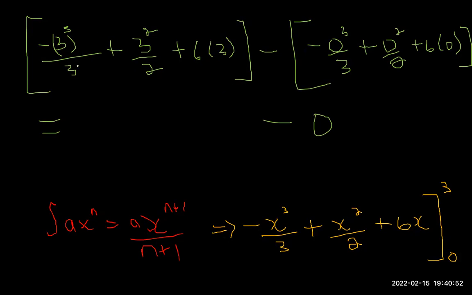What's the value of this bracket? Can you simplify it and tell me what value you get? Negative 1/3.